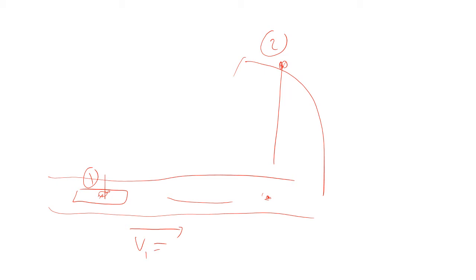So v1 is going to be 1.15 meters per second. And let's say that this height right here, x2, the initial height, is 2.75 meters.